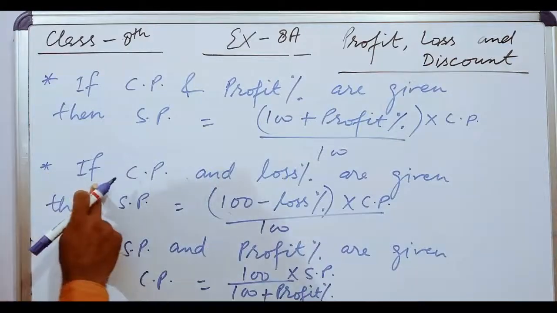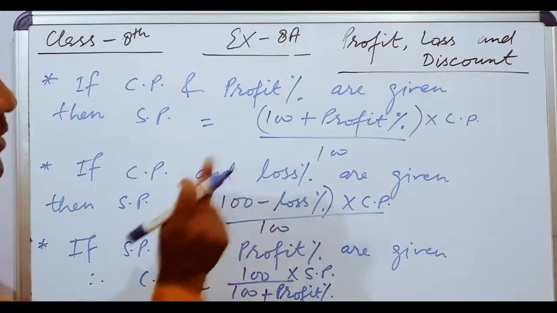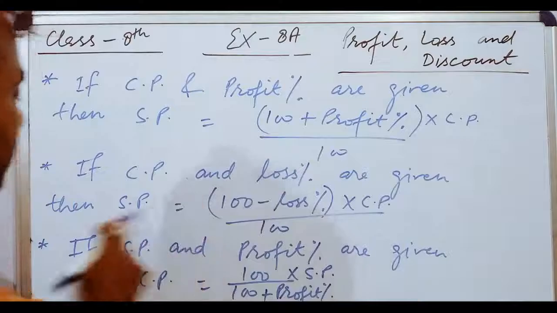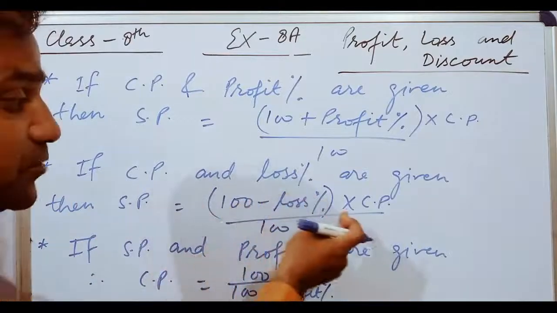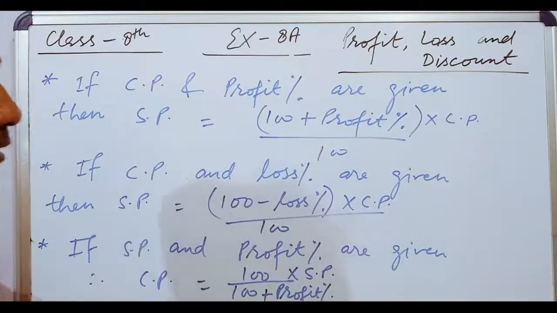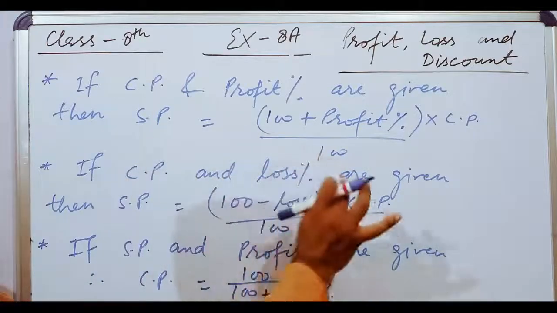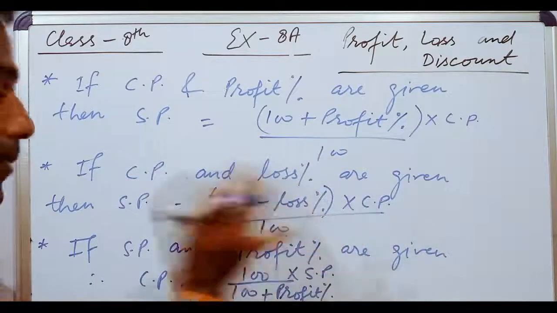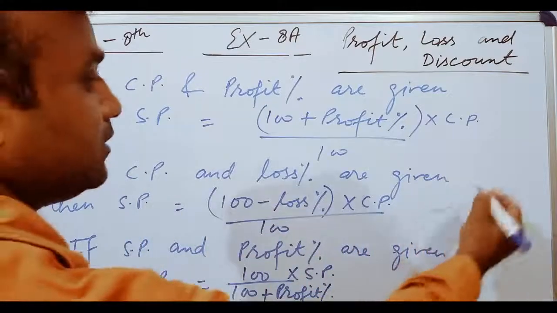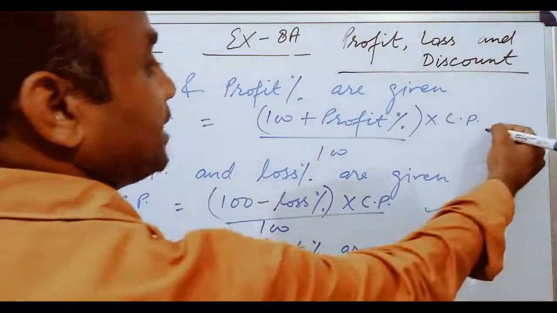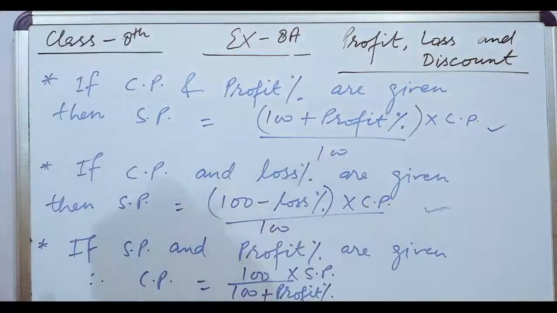Second, if CP and loss percent are given, then SP equals (100 minus loss percent) into CP upon 100. This is the SP in the condition of loss, and the earlier one is SP in the condition of profit.